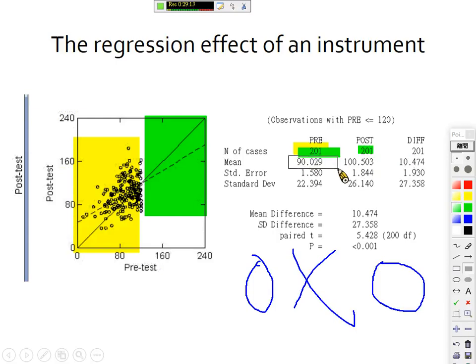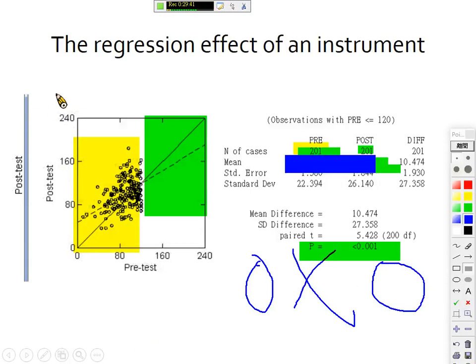Pre-test average score is 90, and after that is 100. Wow, we are so happy. Look here. The possibility of these two numbers being the same is less than 0.001, right? Okay, so we say the two means are significantly different.